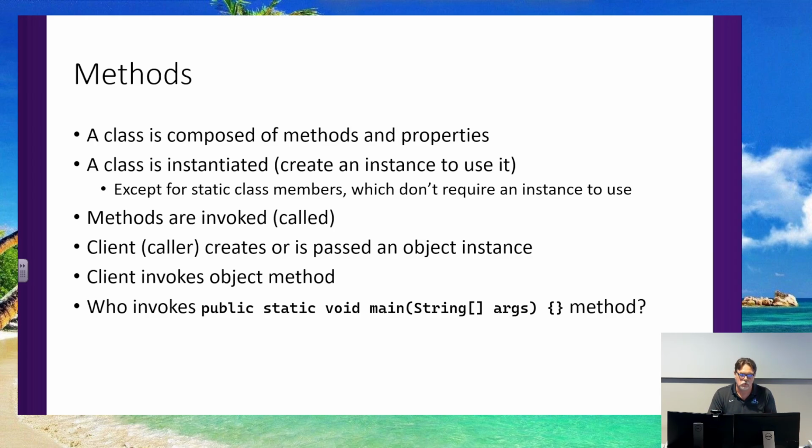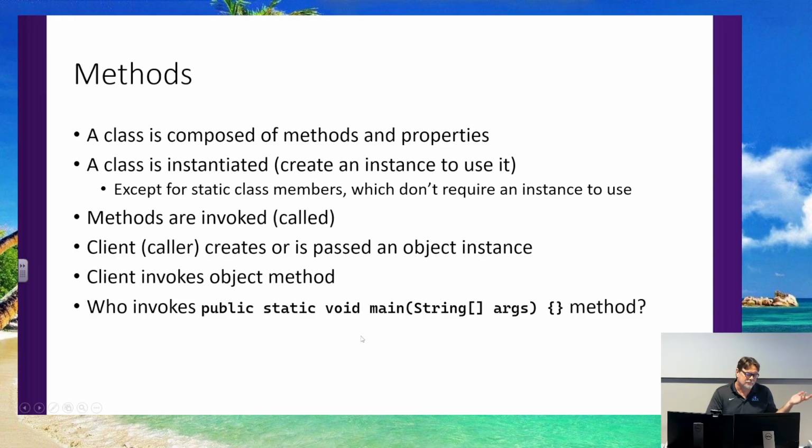Once I have that, I use the reference to the object to access the methods and the properties of the object. We call that invoking. When I call the function, and we're talking about a class, that means I'm invoking the method. The same thing, I'll abuse that terminology.